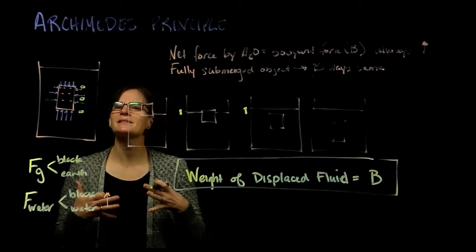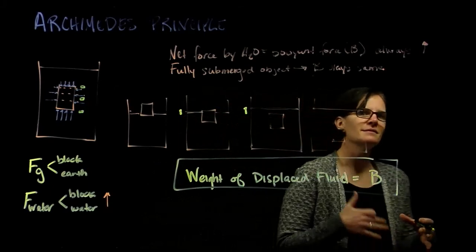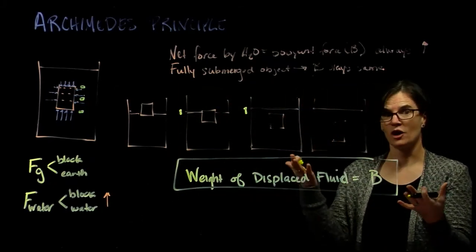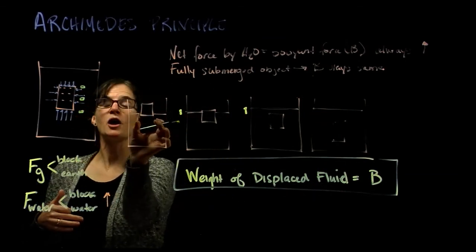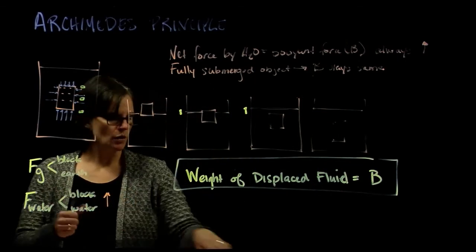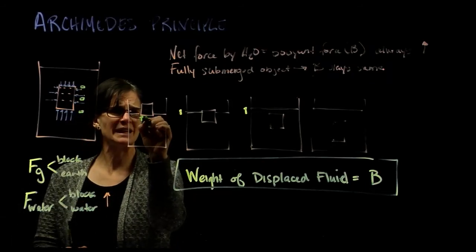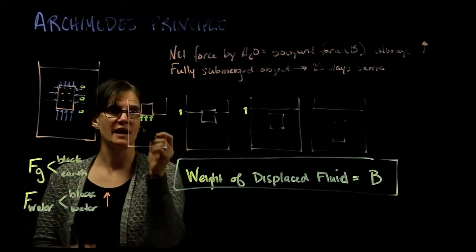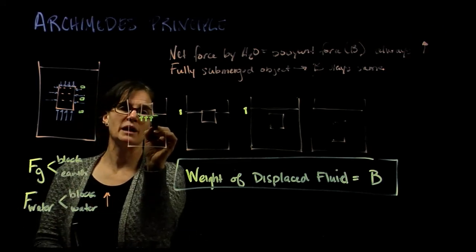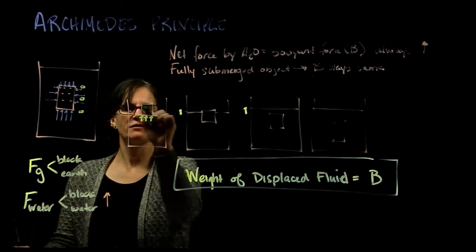Now, does that make sense kind of intuitively of what we've learned about the buoyant force on an object? If I have an object that's partially submerged, we know that the buoyant force is related to the net force acting on the object, of course, on all sides. And we know that the right and left sides, let's say, are the same. So we only have the force on the bottom.